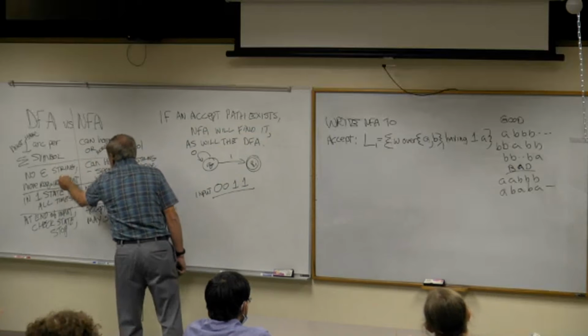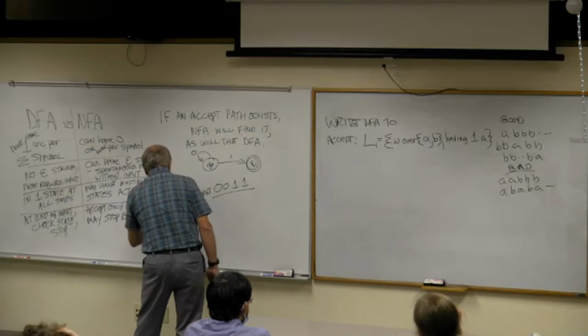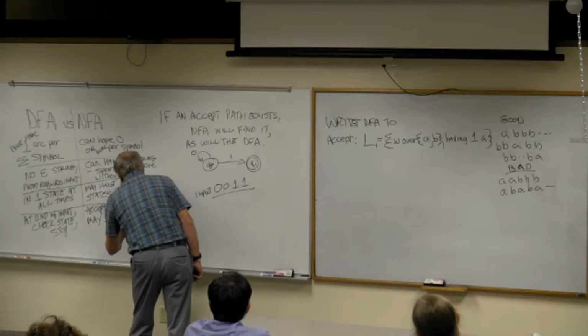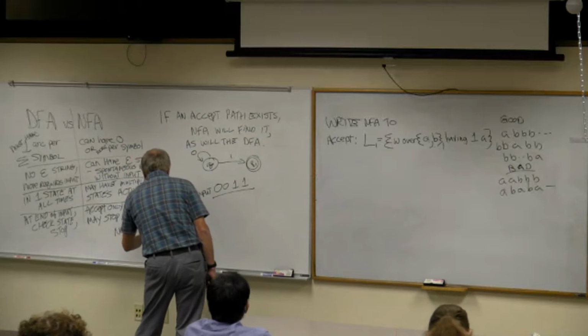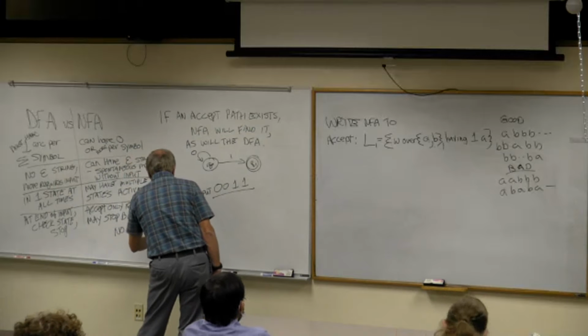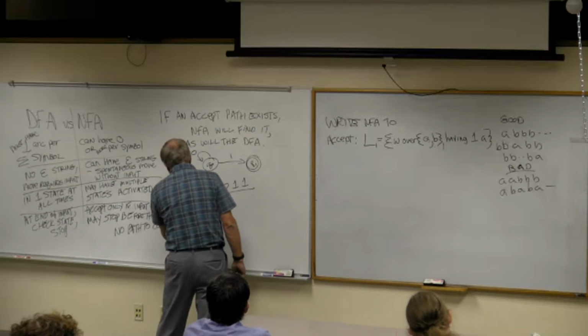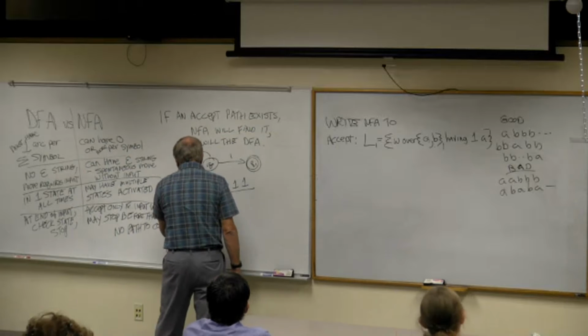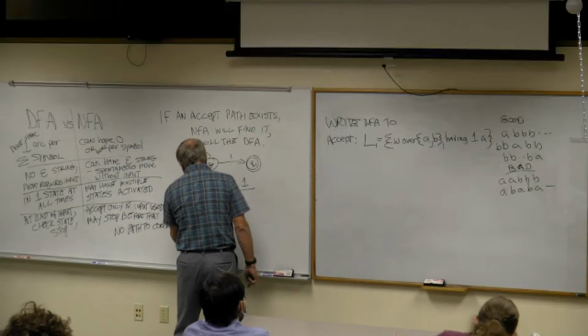The DFA always has a path, but the NFA may stop if there's no path to continue. And you have to be in an accept state, right?